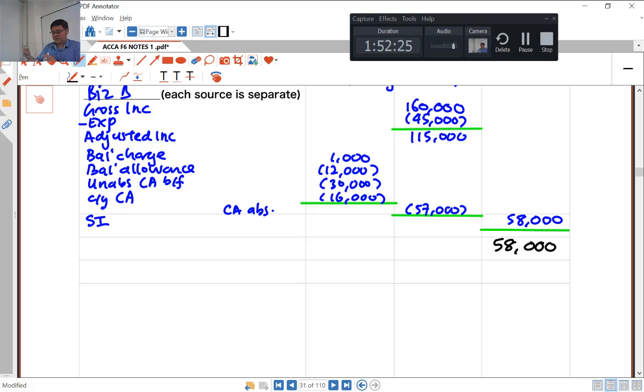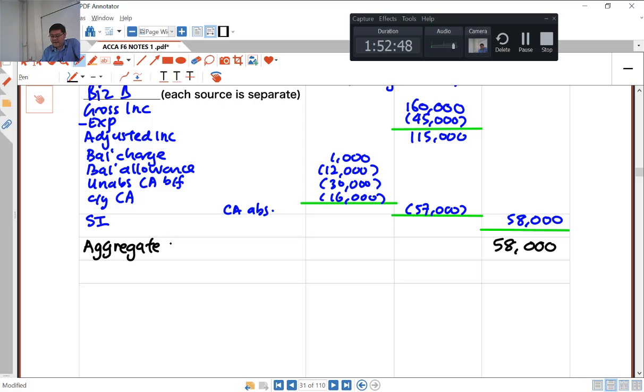Now, this figure is called the aggregate. Now, aggregate is you lump everything. That's why it's called aggregate. You aggregate means you combine all of things together. So what are you aggregating? Ask yourself, what are you aggregating? You're aggregating the SI of the business. The SI is aggregate of business SI.